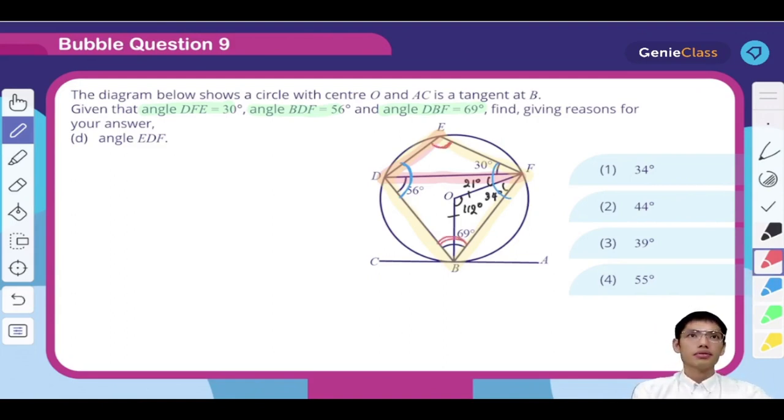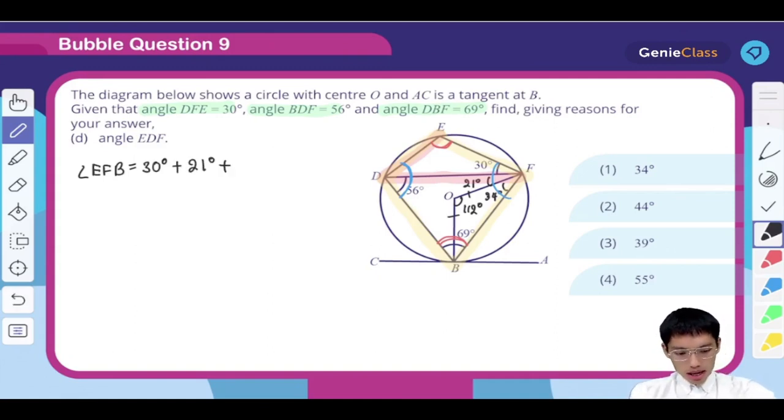What can I do? If I were to find out EFB, take note, in this case, 30 degrees plus 21 plus 34 degrees. This is 85 degrees.